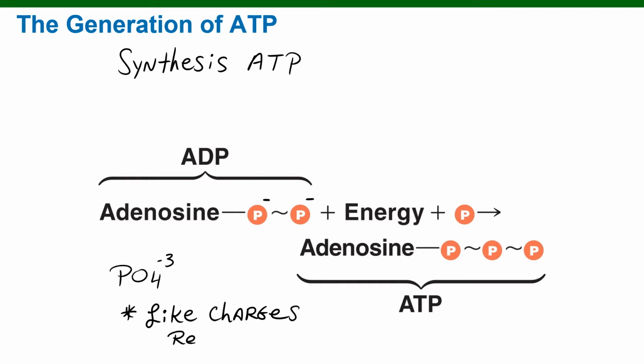And so the bonds between the phosphates are denoted by a wavy line as containing a lot of energy, where if you were to take a pair of scissors and cut this, a lot of energy would be released because these negatively charged phosphate groups are repelling one another and they're held together by this one single covalent bond. So this is a high energy bond.